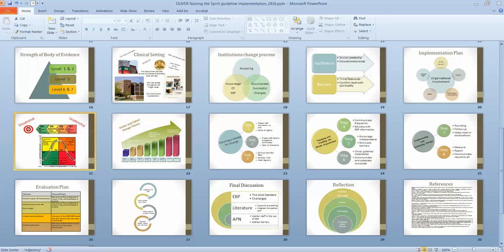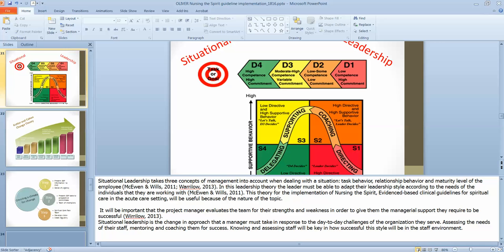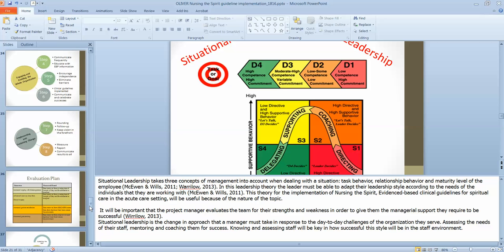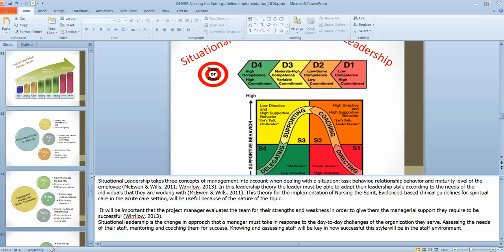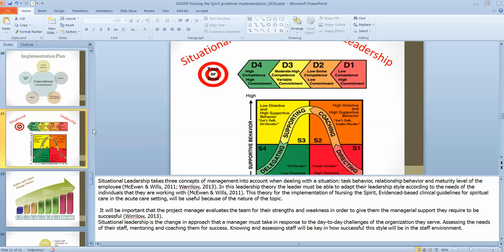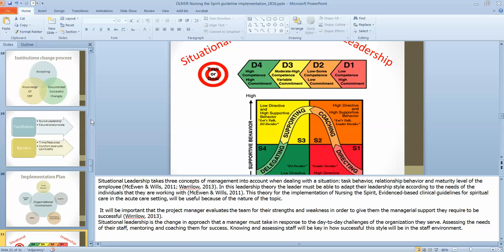There was only one section where you actually missed something where I couldn't find it, and that is the requirement for the summary table under the body of evidence. I do not see where you put the summary table under body of evidence. So would you please add the summary table? It only needs to be one slide.